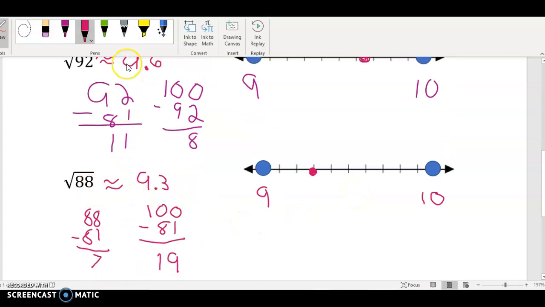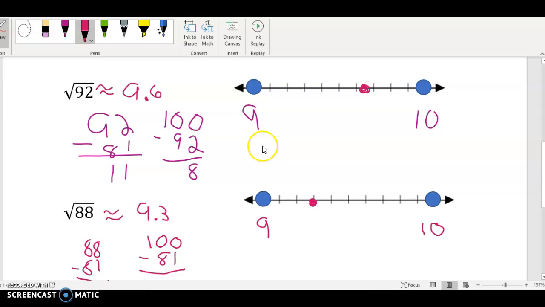Now, the square root of 88 and the square root of 92, you would expect those numbers to be different. It happens to be that these two examples are both in between the numbers of 9 and 10 because 9 squared is 81 and 10 squared is 100, and both of these numbers happen to fall in between there.